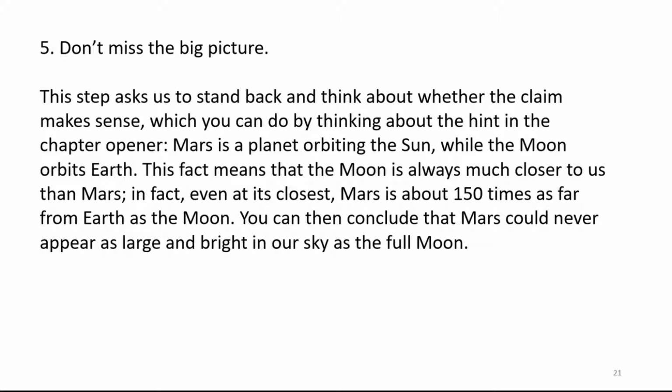Mars is a planet orbiting the Sun, while the Moon orbits the Earth. This fact means that the Moon is always much closer to us than Mars. In fact, even at its closest, Mars is about 150 times as far from Earth as the Moon. You can then conclude that Mars could never appear as large and bright in our sky as the full moon.